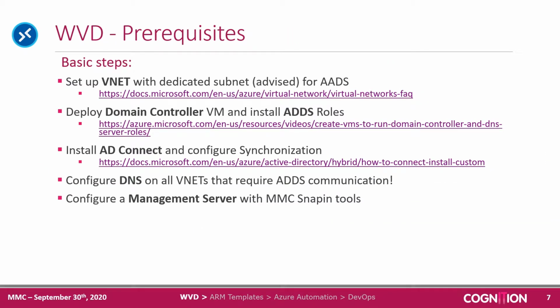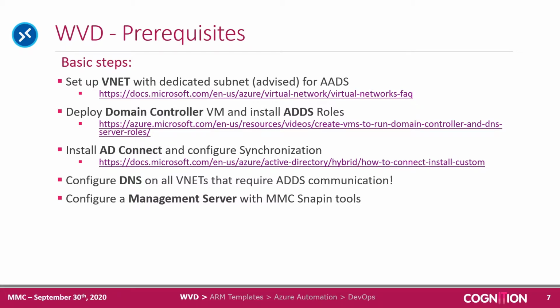Also, I want you to be aware of the fact that before we can start creating our host pool within WVD, there are a couple of prerequisites that you need to take into account. And I've already listed the basic steps that are required. So you need to have a virtual network, a domain controller. You need to have AD Connect and configure synchronization rules.